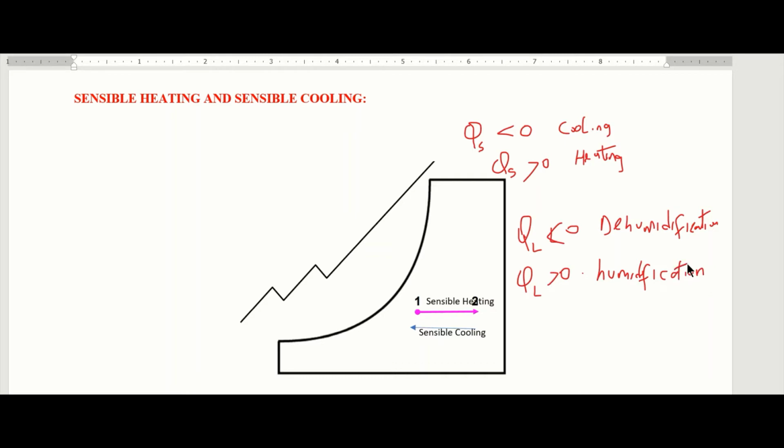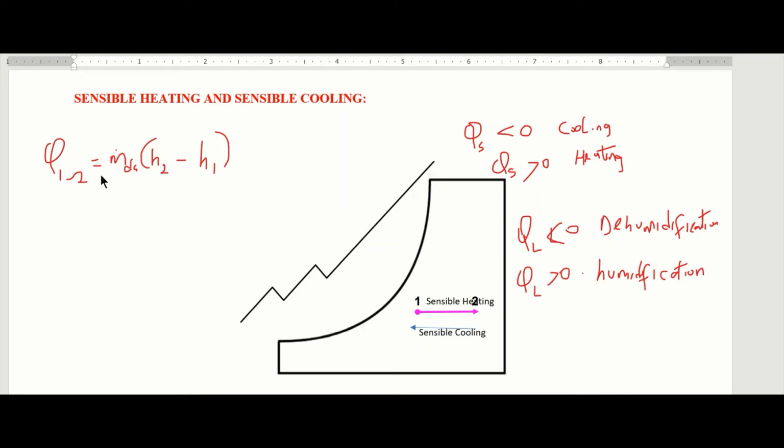Now, we can be asked to find the rate of heat transfer, or the total rate of heat transfer for a system, and the formula is given as Q from state 1 to state 2 is equal to the mass flow rate of dry air, open bracket, the enthalpy at the exit, I call it H2, minus the enthalpy at the inlet, H1.